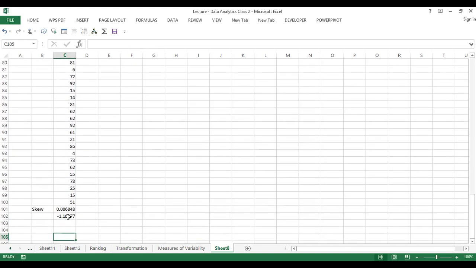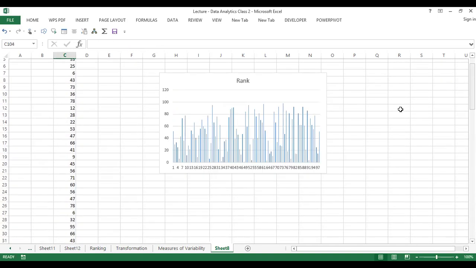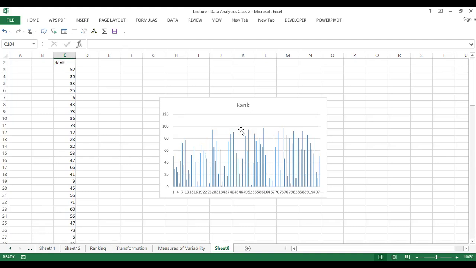Now you see this kurtosis is low. If you look at this data, we are not surprised, right? It looks kind of flat.